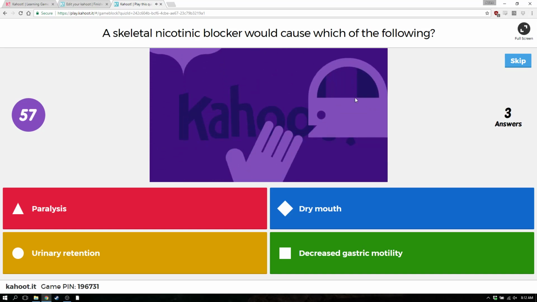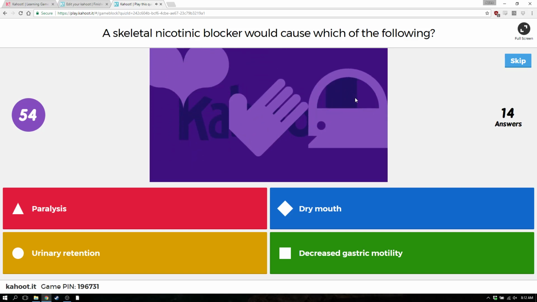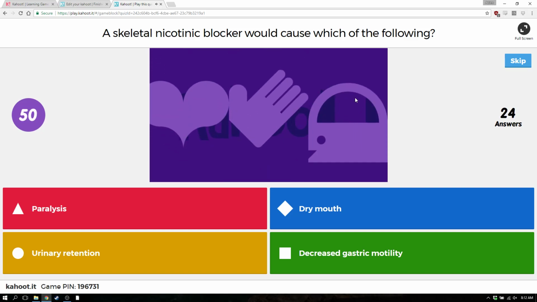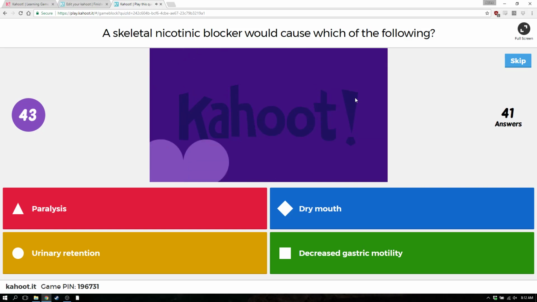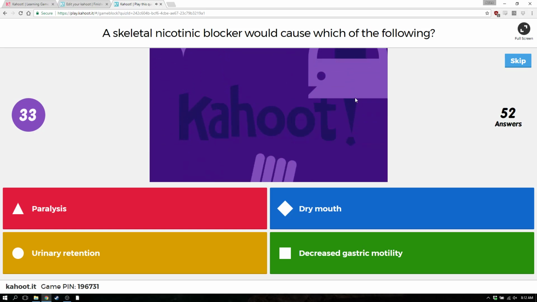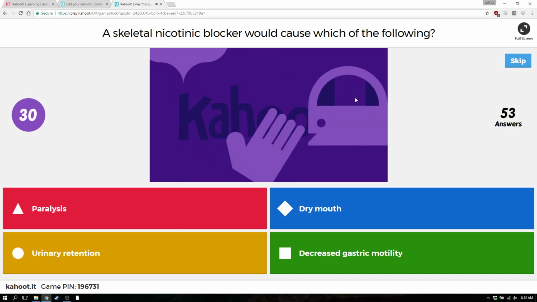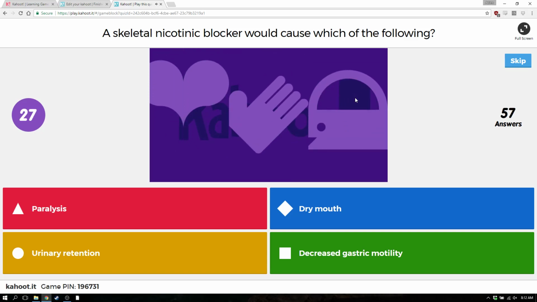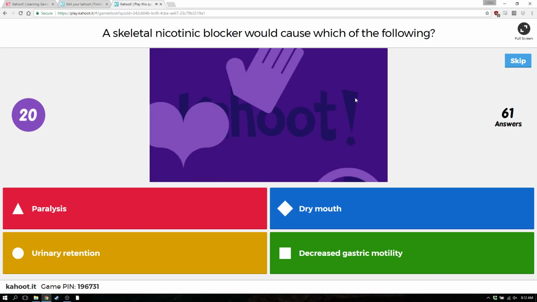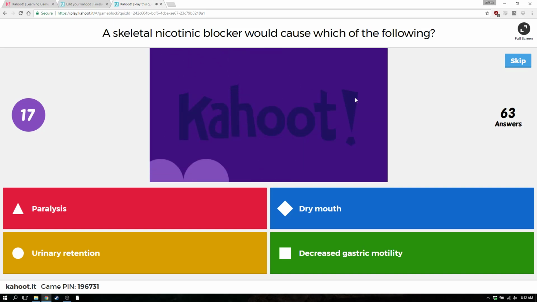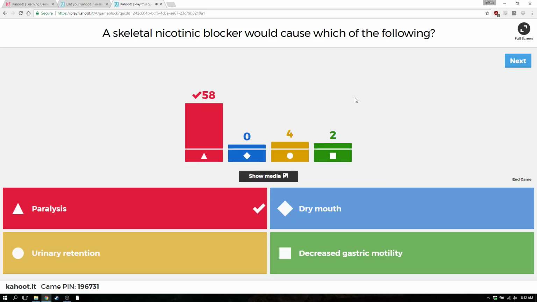It should be something like an antagonist on the skeletal nicotinic receptors. Very good, very good.